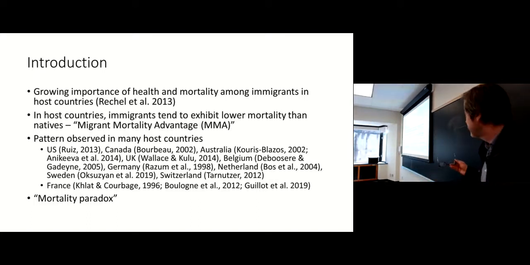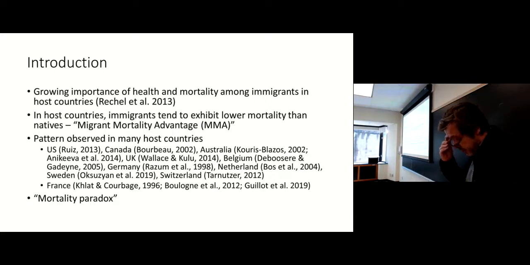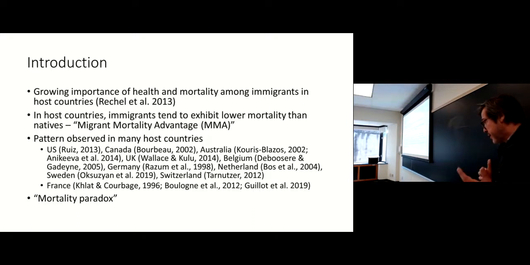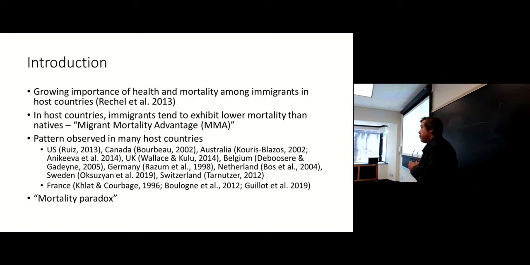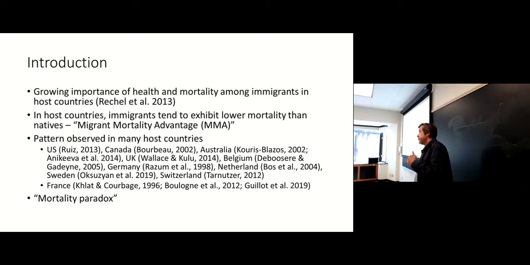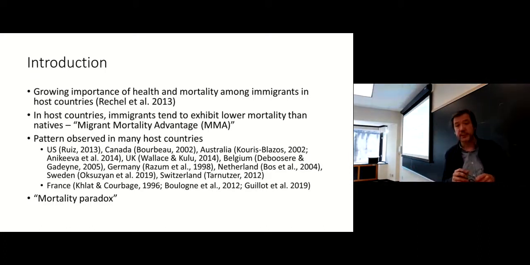And that's the case also in France, which will be the focus of this presentation. And this pattern has been qualified as a mortality paradox, because immigrants tend to have lower SES than natives, and since lower SES is associated with higher mortality, we would expect immigrants in fact to have higher mortality than natives, but in fact, we're observing exactly the opposite.